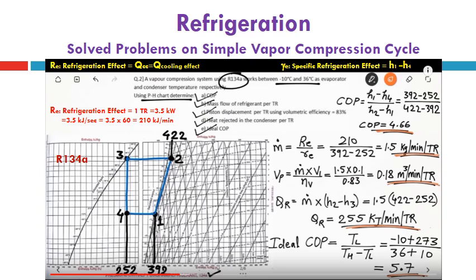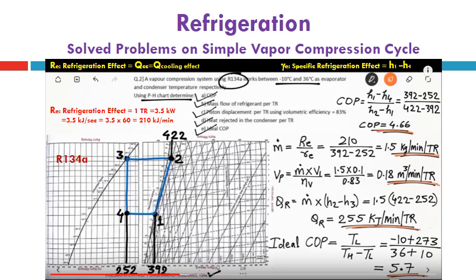This is the solution after presentation on the pH diagram using the same pressure and temperature, using the temperatures located on the evaporator and condenser. Similarly to problem number 1, which we solved using R12, here we will use the chart of refrigerant R134A.